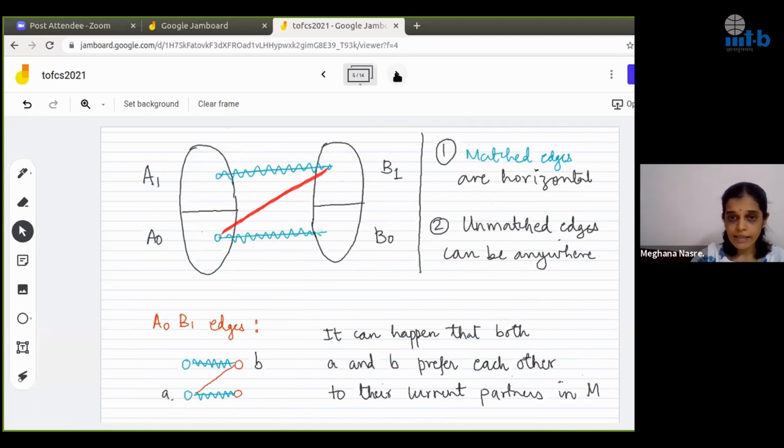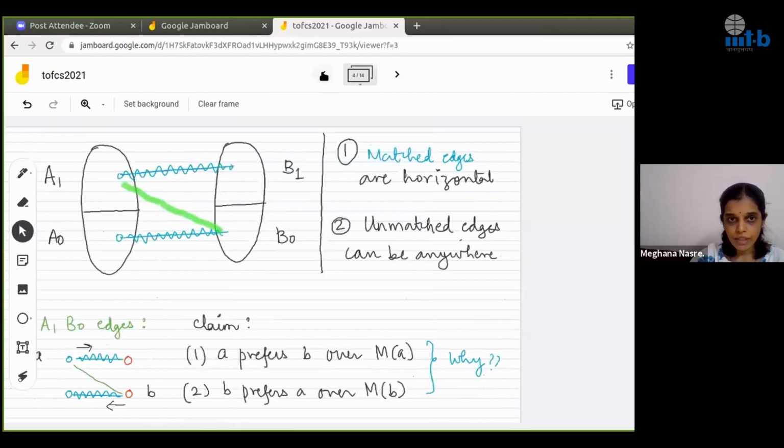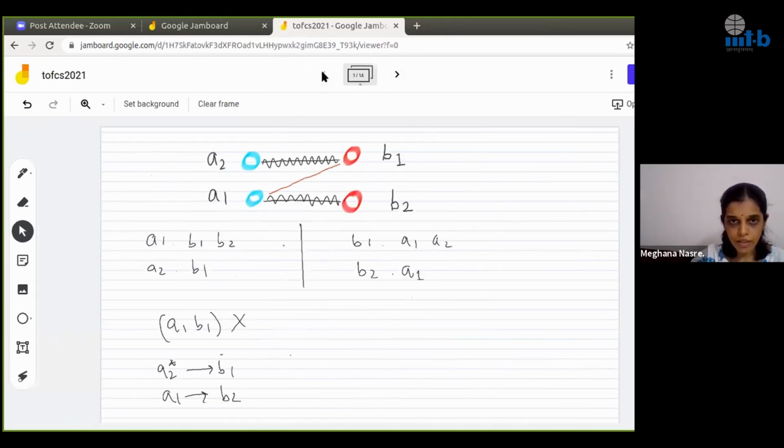In the first example that we had drawn earlier, we had seen that this edge that I am going to highlight is a bad edge. That is, if somebody takes this edge in another matching, then both A1 and B1 like each other over their current partners, right? So this is a red or a bad edge for the matching that we have constructed.